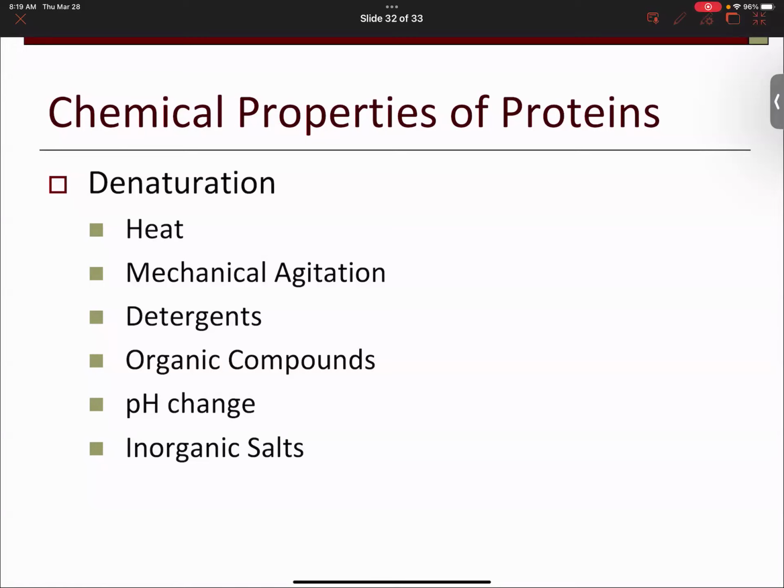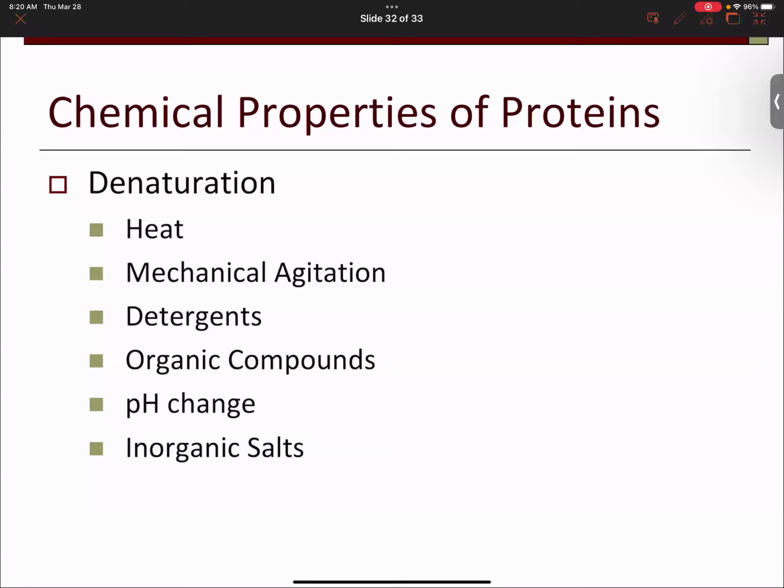Organic compounds. We're going to talk about enzymes. And one of the things that enzymes do is they take in certain molecules into the active site. Well, one thing we can do is screw it up by denaturing the proteins that make up that active site.